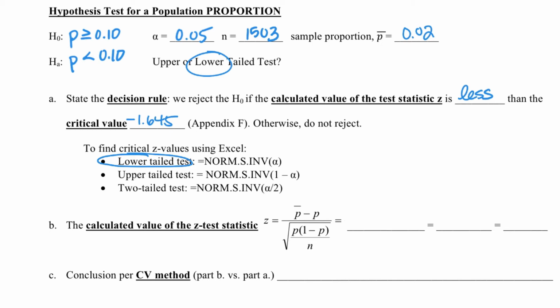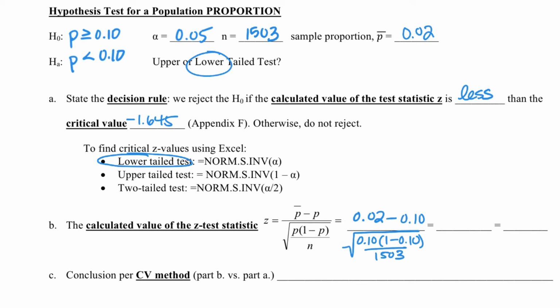So for our calculated value of the Z test statistic, I'm going to plug in my various numbers. So my sample proportion of 0.02 minus my hypothesized population proportion of 0.10. And then I'm going to square root my population proportion, that's the 0.10 times 1 minus 0.10 divided by 1503, my sample size.